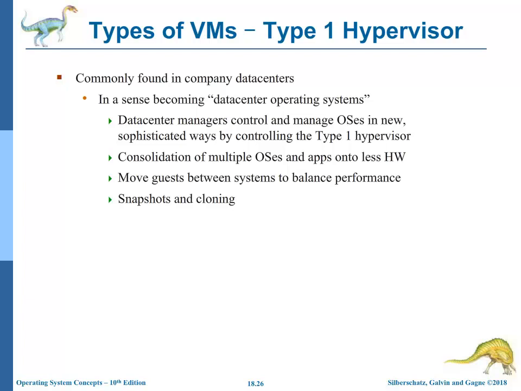By using Type 1 hypervisors, data center managers can consolidate more operating systems and applications onto fewer systems. Using snapshots and cloning, the system can save the state of guests and duplicate those guests, a much easier task than restoring from backups or installing manually or via scripts and tools.